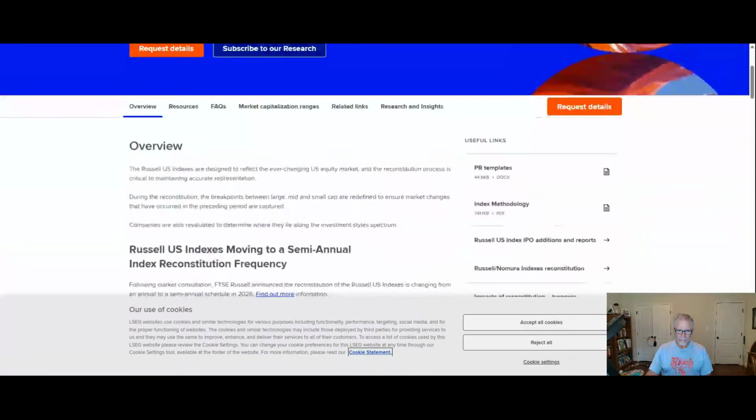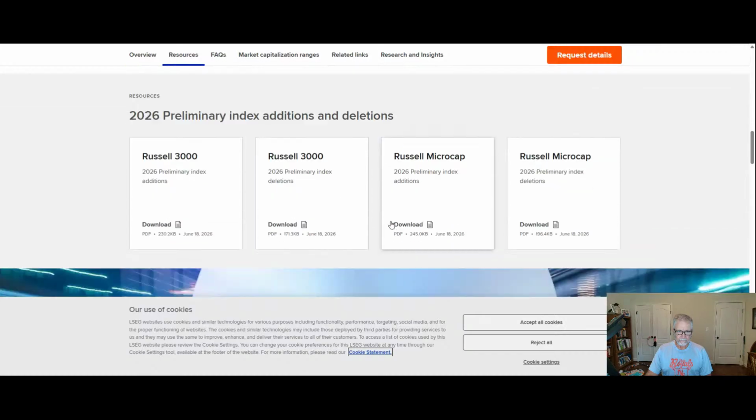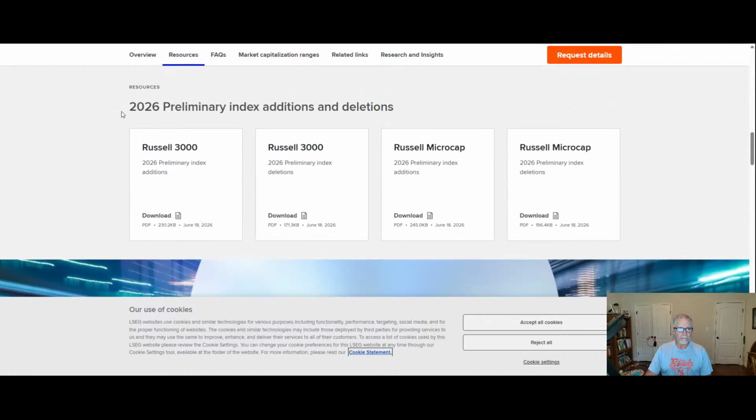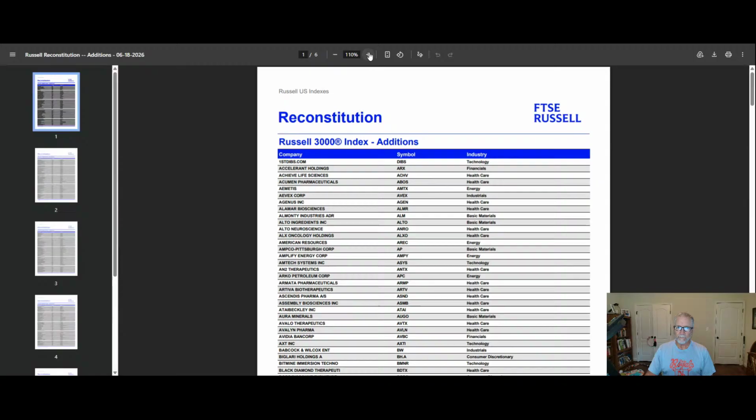This came up. You scroll down, it gives you all kinds of information. So look, 2026 preliminary index additions and deletions. Russell 3000 additions. We're going to click on that box, and it's going to populate 6 pages. Make it a little bigger.